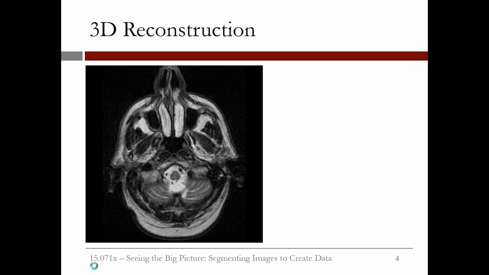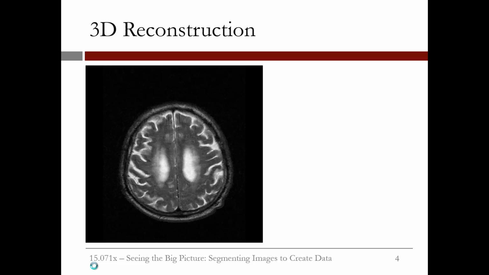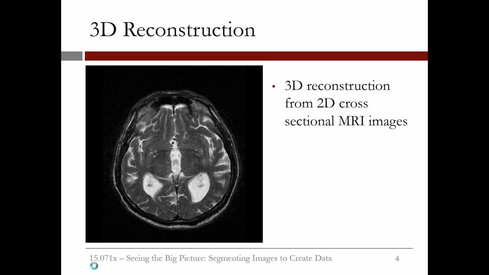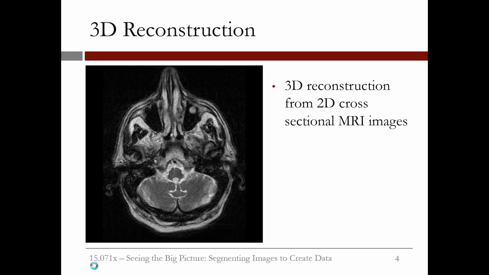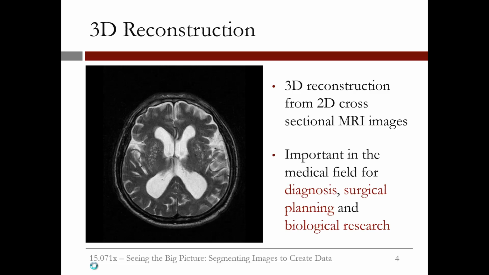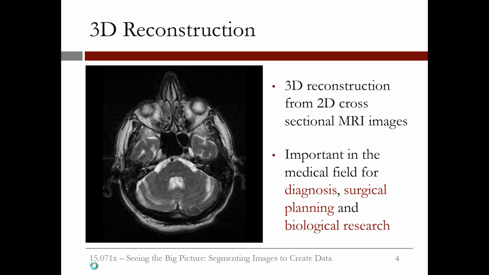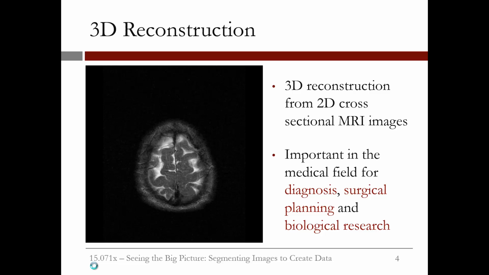Then, by interpolating between the segmented images, we can estimate the missing slices. And we can then obtain a 3D reconstruction of the anatomy of the brain from 2D MRI cross-sections. In fact, 3D reconstruction is particularly important in the medical field for diagnosis, surgical planning, and biological research purposes.